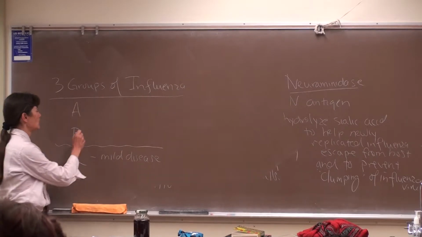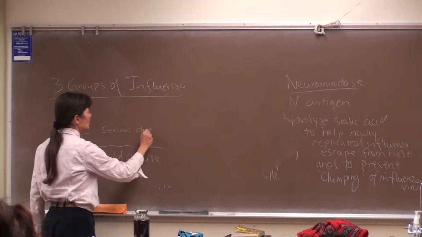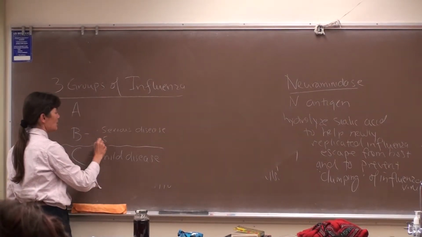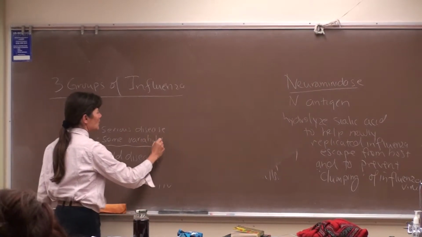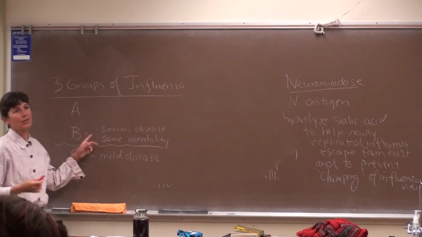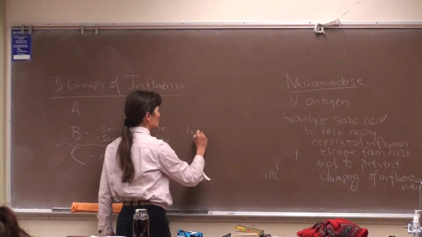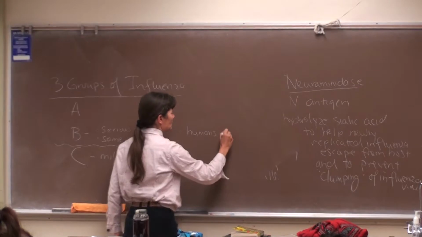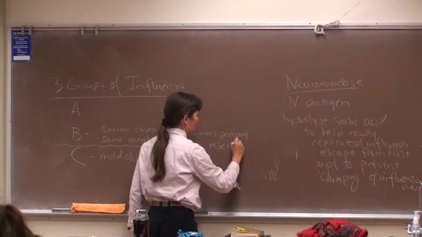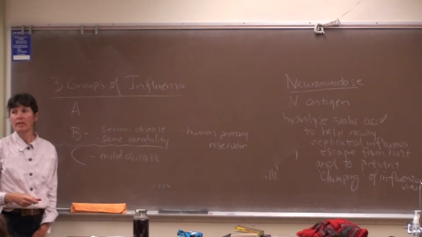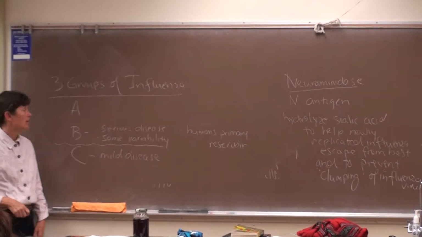Now group Bs, they can cause serious disease. We can see some antigenic variations, so I'll just put some variability. But the group Bs usually primarily have humans as their primary reservoir. So in the annual influenza vaccines, there's usually one group B influenza included in the annual vaccine.